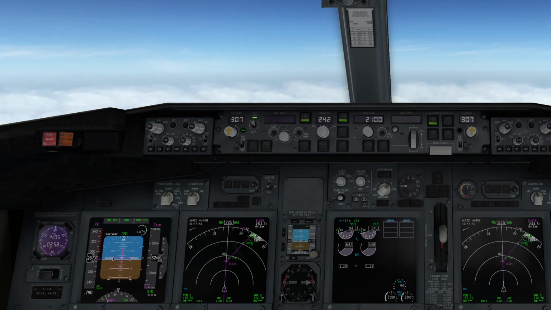Now you see also the difference in the clock. So on the captain's side we have the Zulu time, 14:05, and 10:05 is more the local time. So they are 4 hours before the Zulu time in Canada, Northeast Canada.